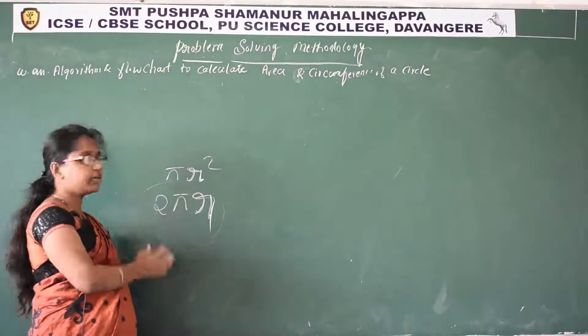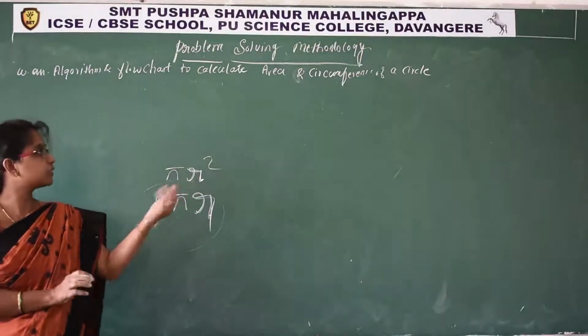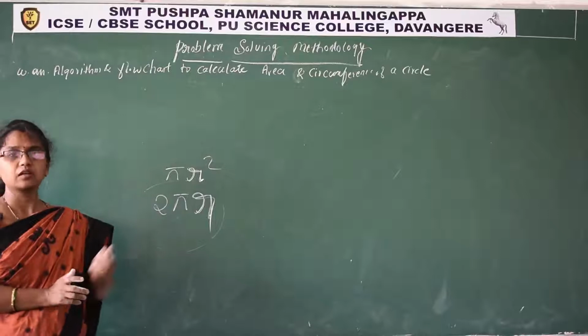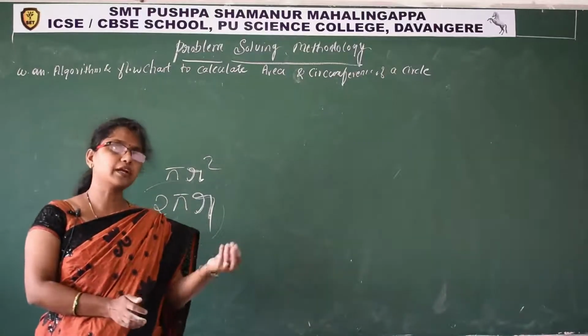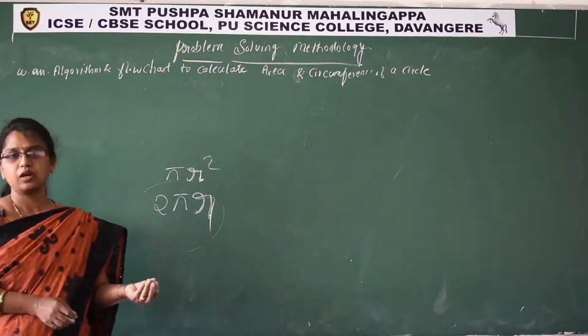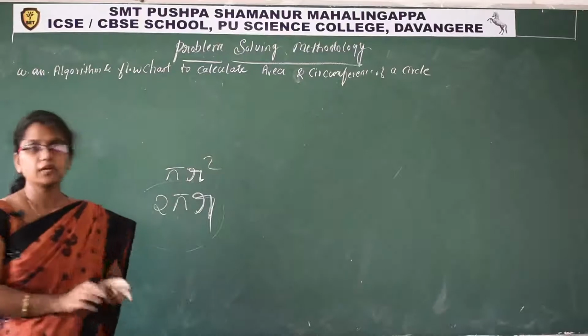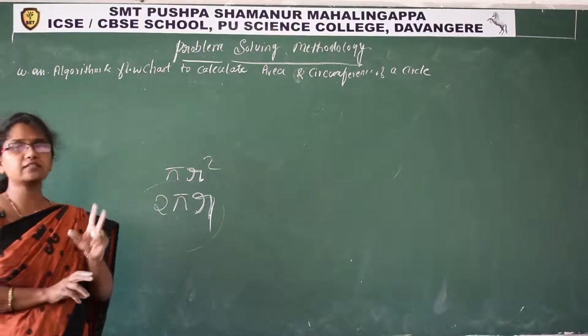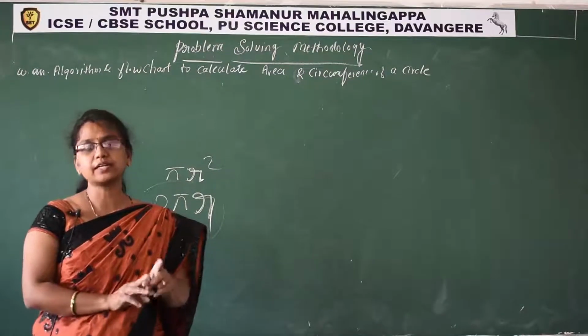To store area we need one identifier. To store circumference, another variable or identifier. To store radius we need a variable. Total how many identifiers are required for this algorithm? 3 identifiers. Among these 3 identifiers we will give input to only one identifier, that is radius.